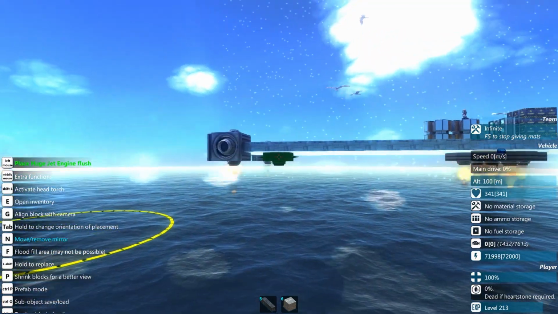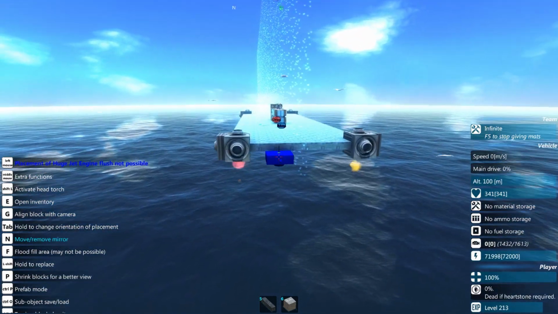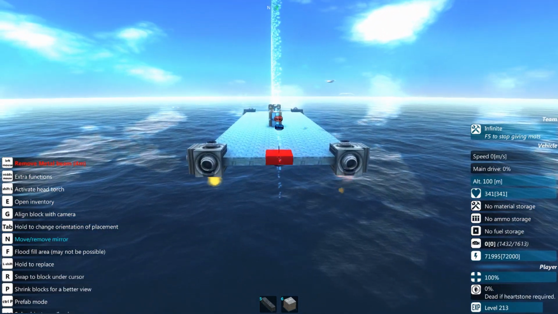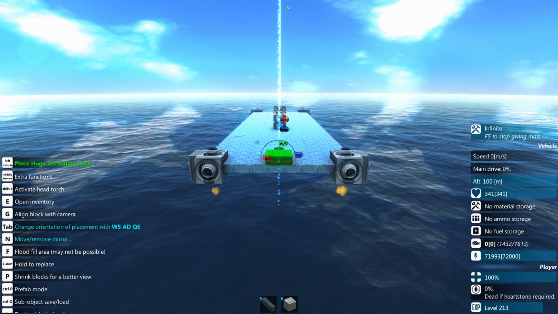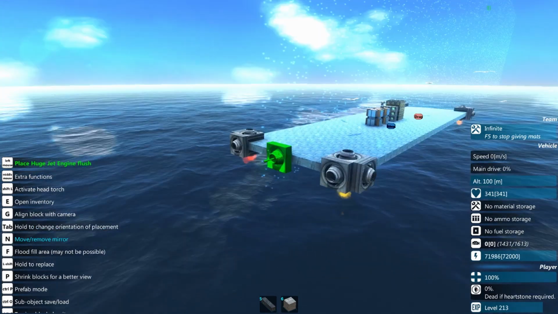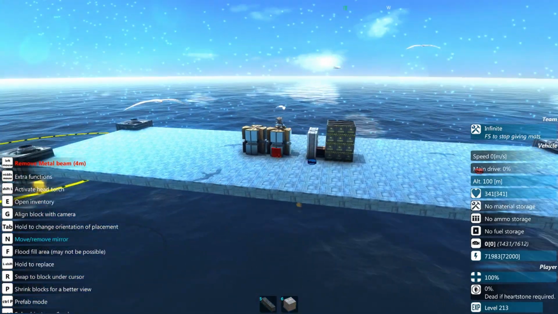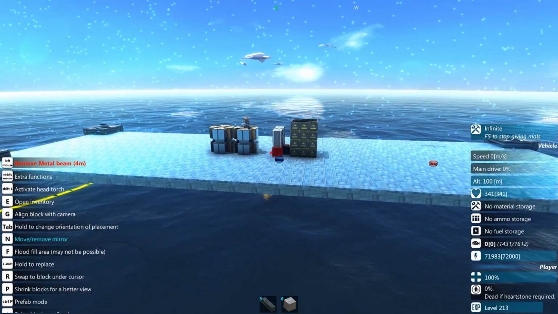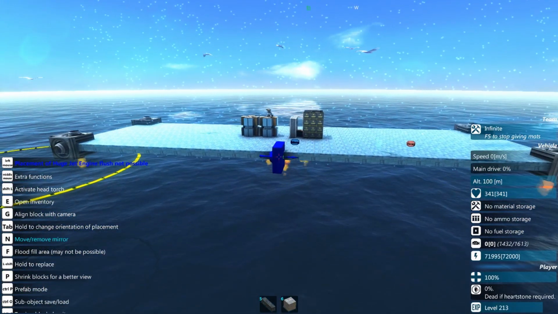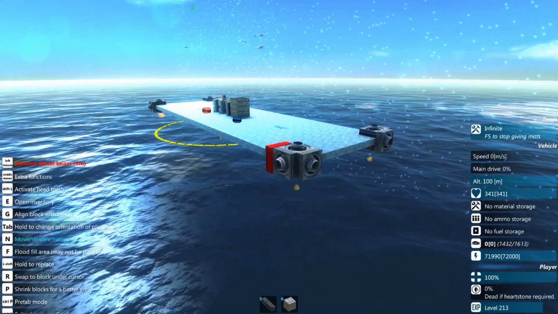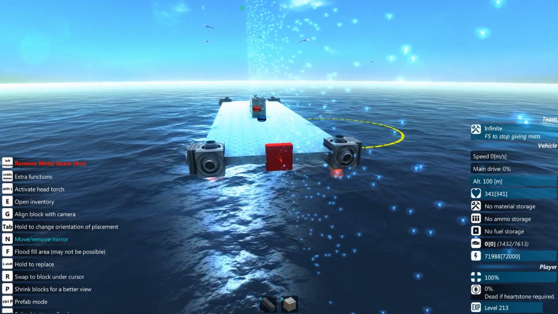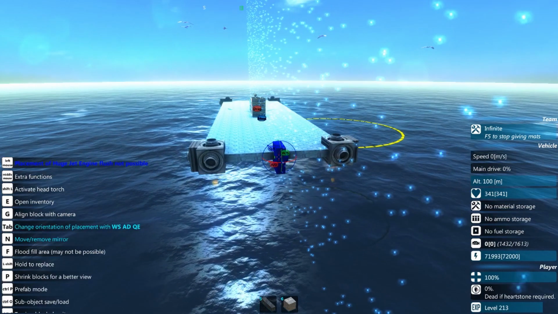Alright, so we've taken a look at the 3 different translational axes, we've taken a look at the 3 different rotational axes, we've taken a look at control authority, and we know how to exert control authority by controlling our thrust around the center of mass and the center of mass itself. With drag, we can shift the center of drag around by shaping various sloped blocks.